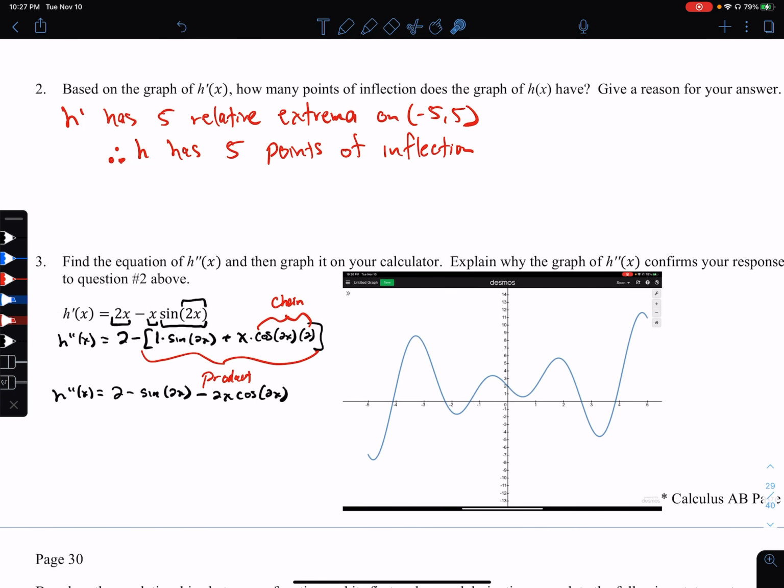Keep in mind this is h double prime. Changes from negative to positive. Changes from negative to positive here. Positive to negative. Negative to positive. Positive to negative. Changes signs once, twice, 3, 4, one more over here, 5 times. And we said up here there were 5 points of inflection.